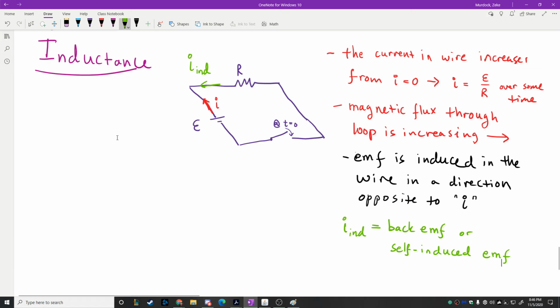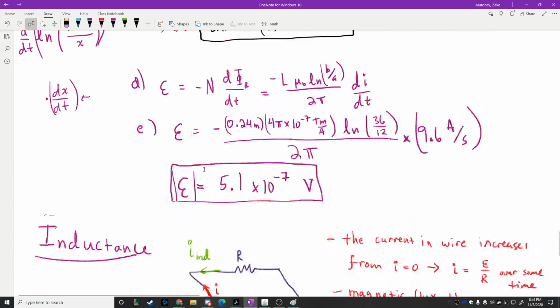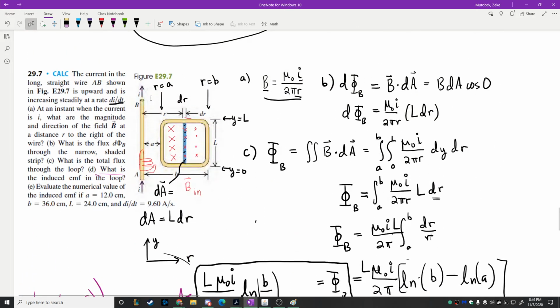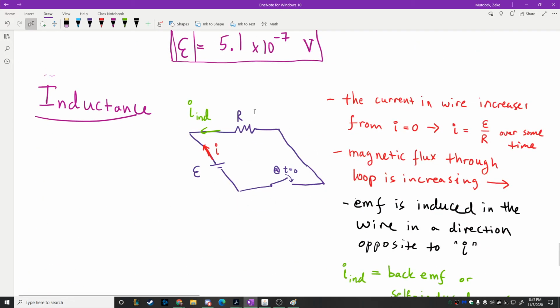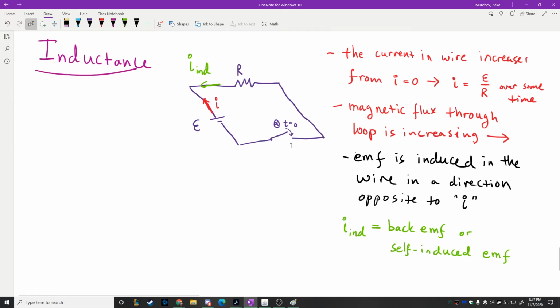If we go back to the previous problems, we're always talking about two objects, right? You've got the object that has the current and the object that gets the current induced in it. But when you have a loop of wire, you're going to have an induced EMF that opposes your attempt to basically turn the current on.